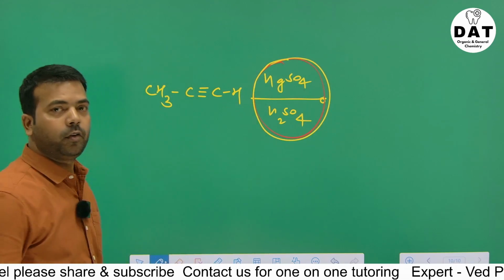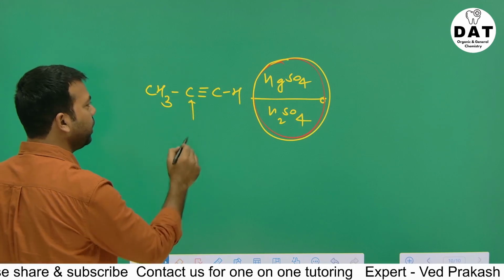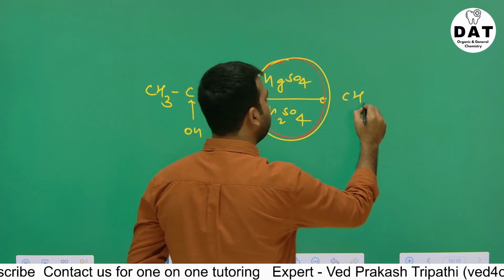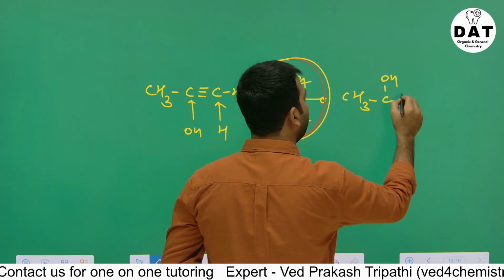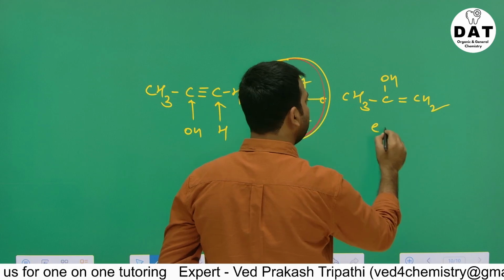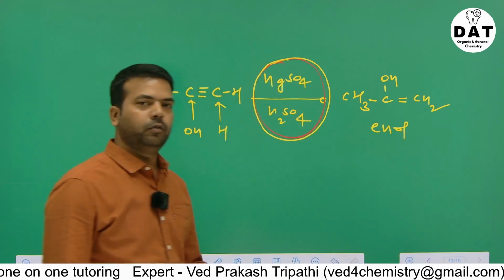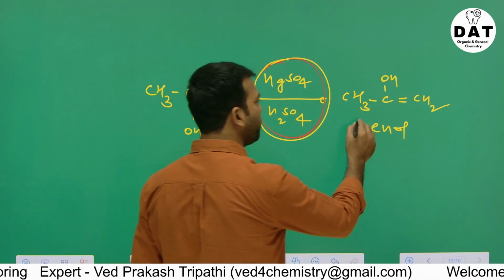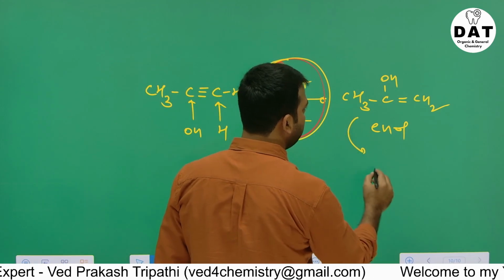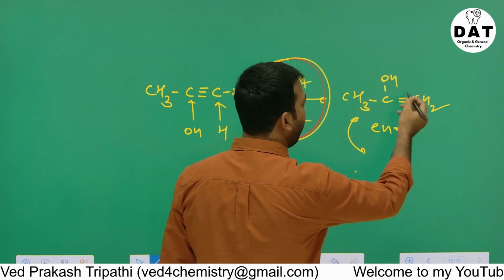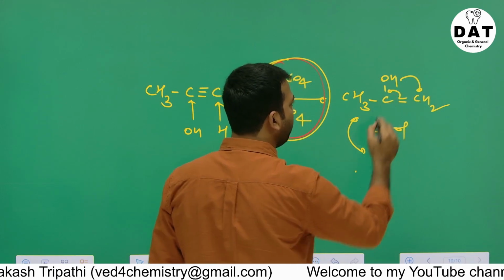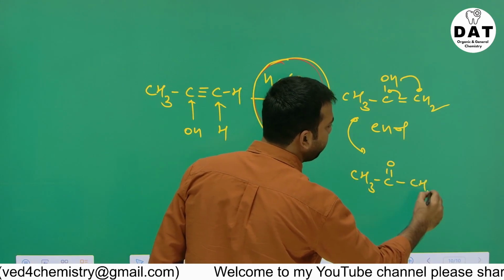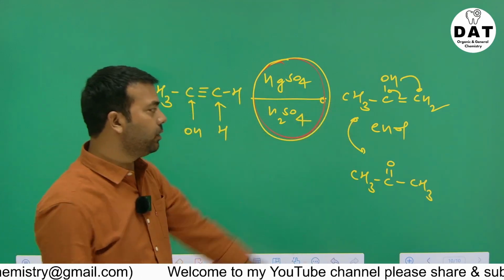With Markovnikov's addition, OH is going to attack this carbon and hydrogen goes here. So we have this enol first, CH3, C(OH) double bond CH2. So this is enol. We all know this is unstable, so it is going to convert by tautomerism into the keto form. So hydrogen goes back to the alpha carbon, double bond with oxygen. So we have CH3, C double bond O, CH3. Clear? And this is the final product.